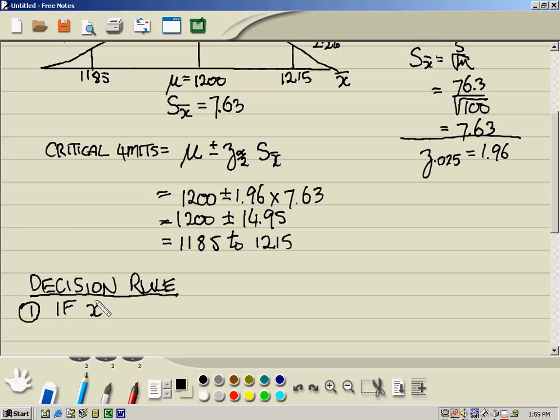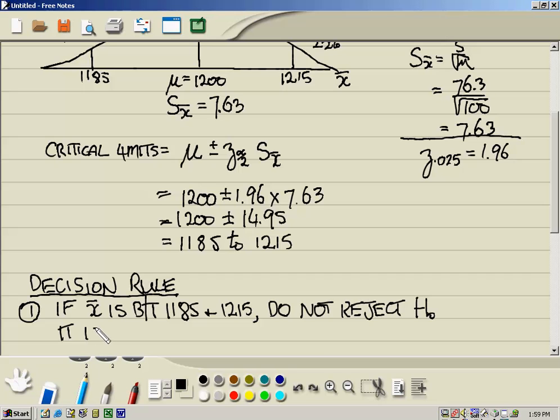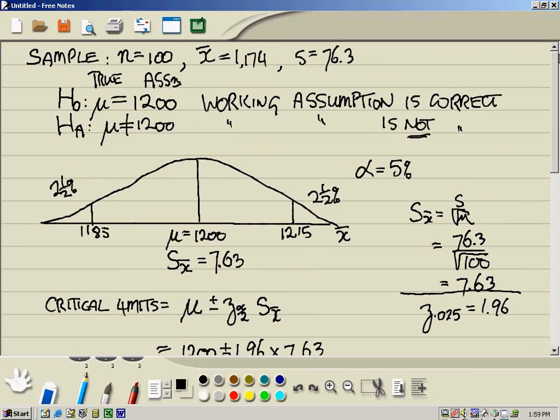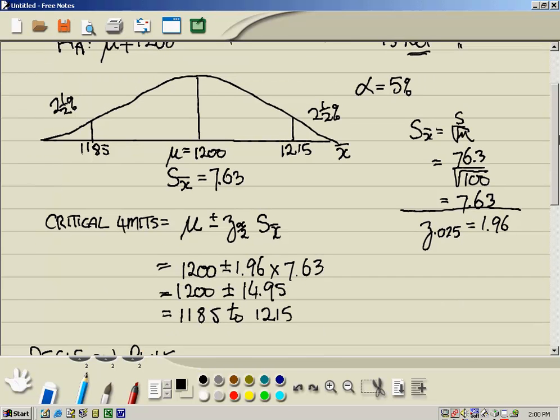If x bar is within the acceptance region, or between the 1185 and the 1215, we'll say from now on out, do not reject the null. And for the interpretation, it is possible the null is correct, or in this case, it is possible. Let's look back at the words that we used to describe the null. It's possible that the working assumption is correct.